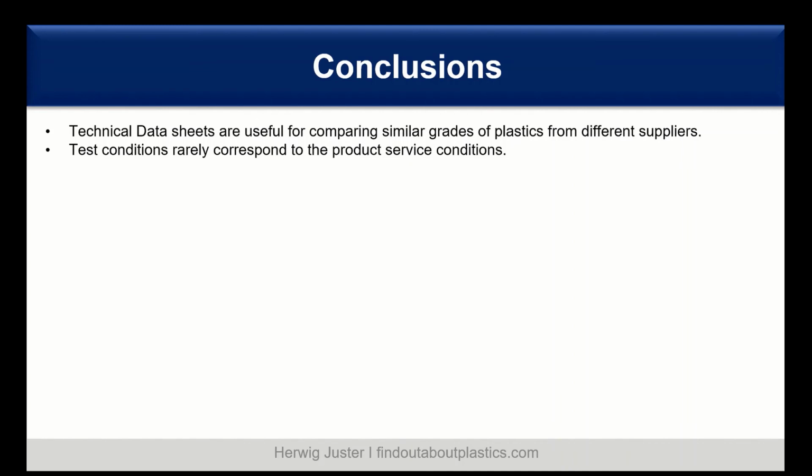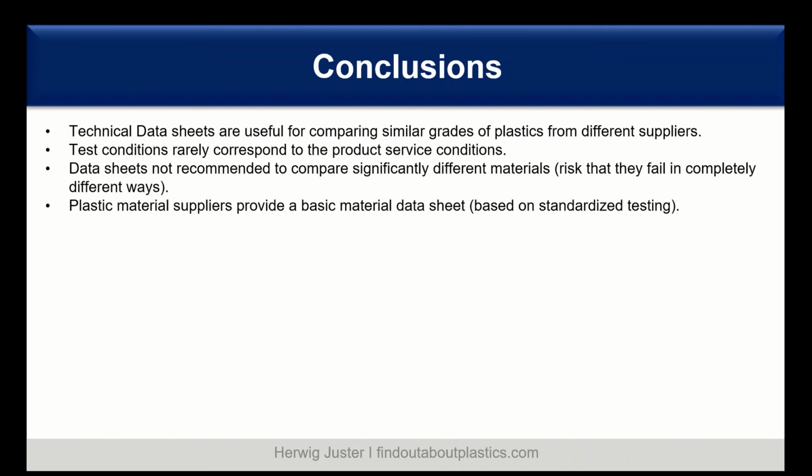This you have to keep always in mind. Then it's also not recommended to use datasheets to compare significantly different materials, because different materials have different failure criteria, so this can be a trap.